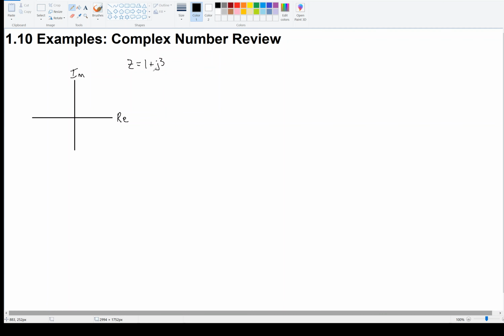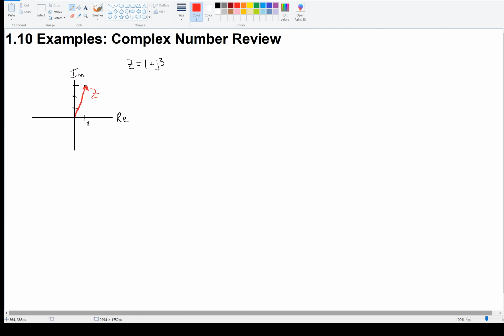So I'm going to represent that as a vector where I go 1 unit over in the real axis, right? So that's 1. And then 3 units up because it's positive. And so I find that point. Here's the 1, 3. And so I can just draw it. I'll draw it in red. Draw an arrow like this. And maybe I'll label it Z.